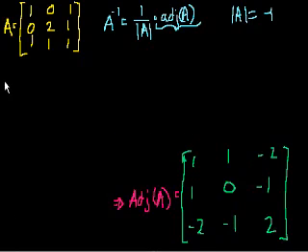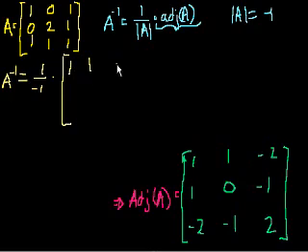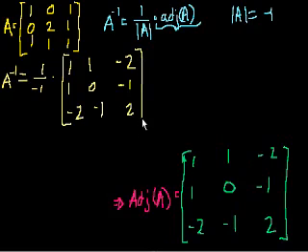So, the inverse of A is equal to 1 over the determinant. We figured out the determinant is -1, times the adjugate of A. 1, 1, minus 2, 1, 0, -1, -2, -1, 2. So this is just -1, right? So we just apply -1 times everything.